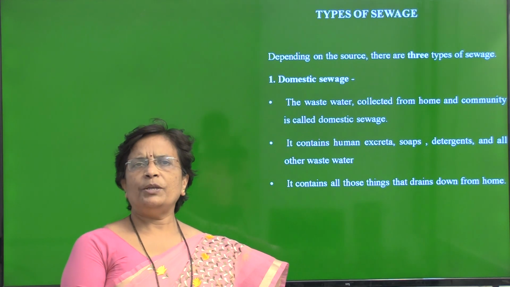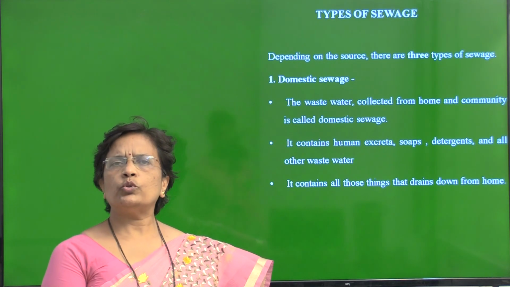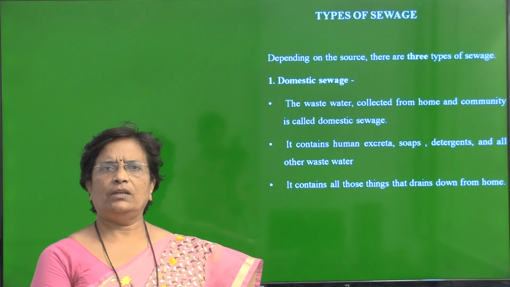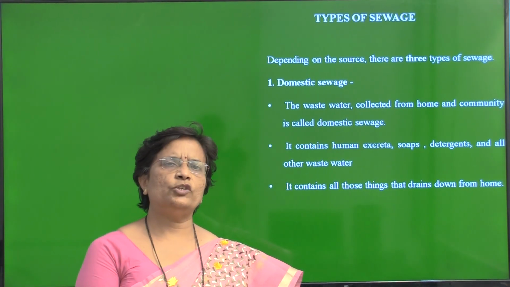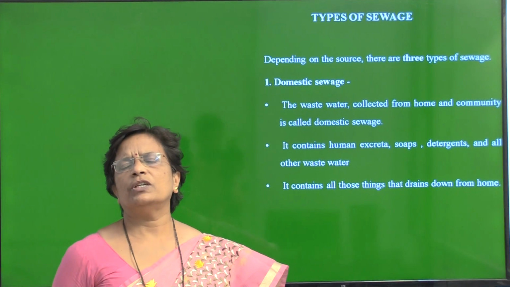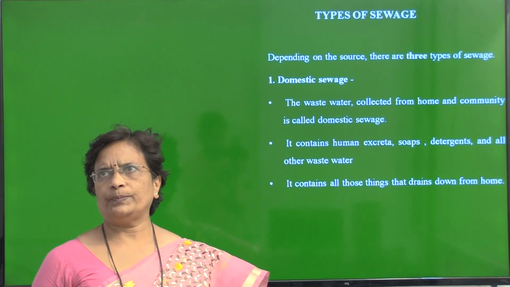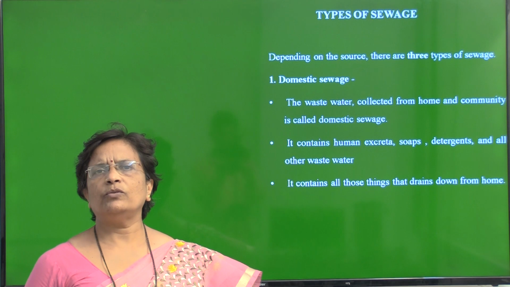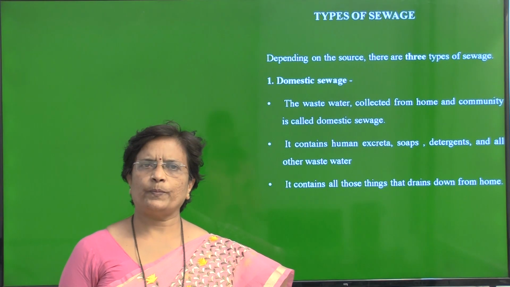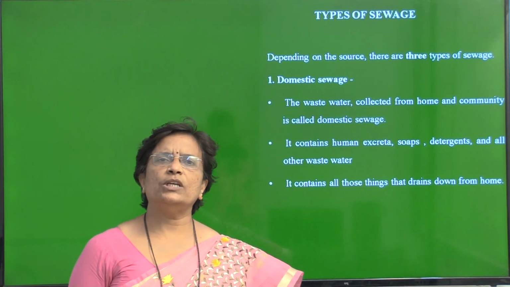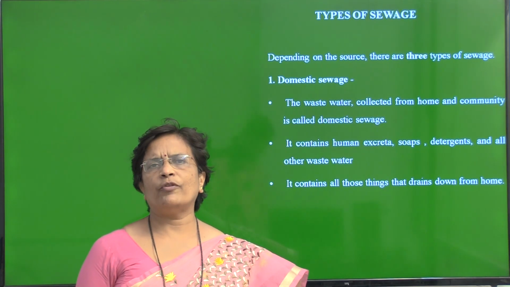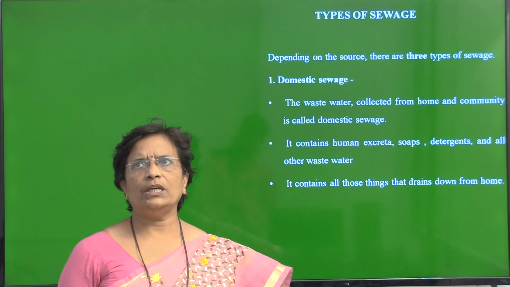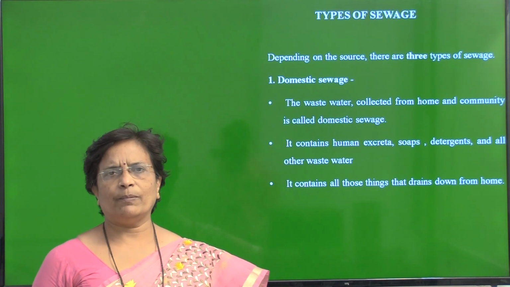Now, depending upon the source of collection, sewage is of three types: domestic sewage, industrial sewage and natural water. Let us first see about the domestic sewage. Domestic sewage is nothing but the wastewater which is collected from home, community and our industry.